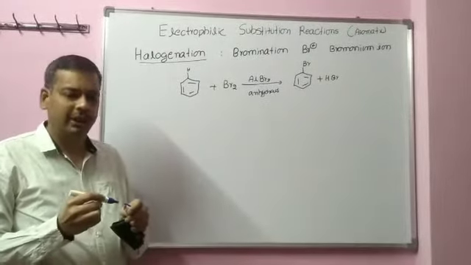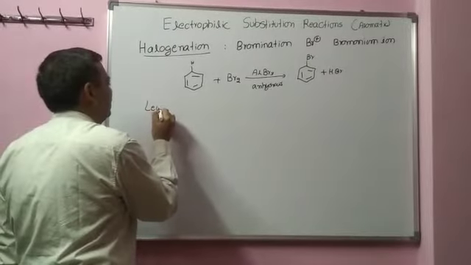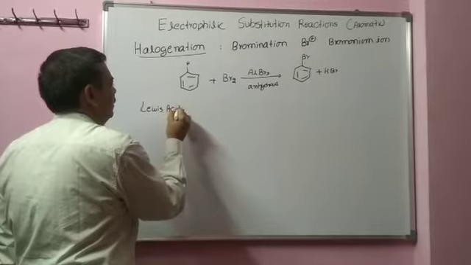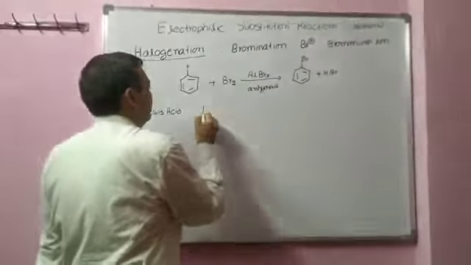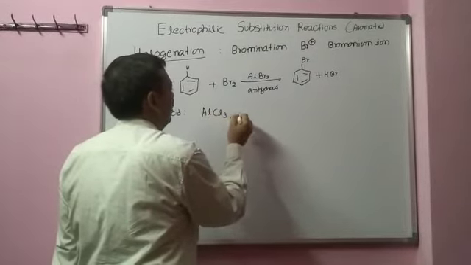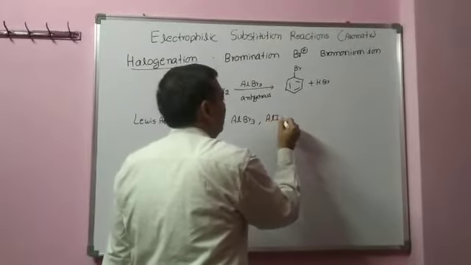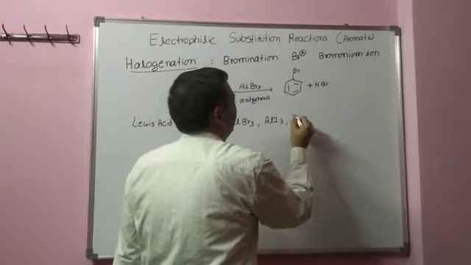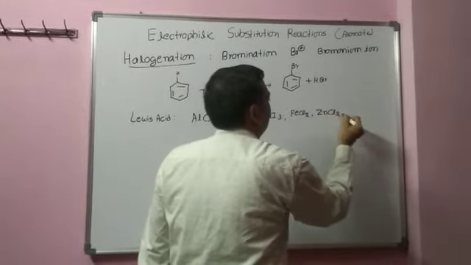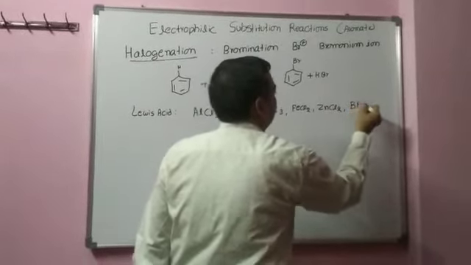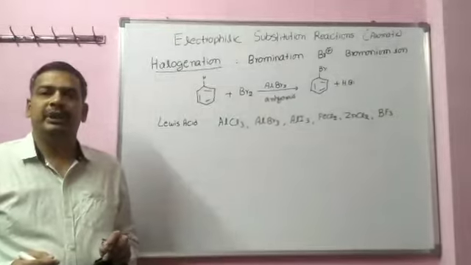Generally, the Lewis acids used in electrophilic substitution reactions are AlCl3, AlBr3, AlI3, FeCl3, ZnCl2, or BF3, etc.